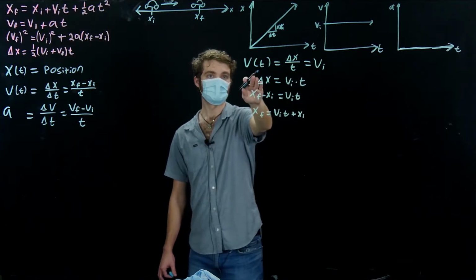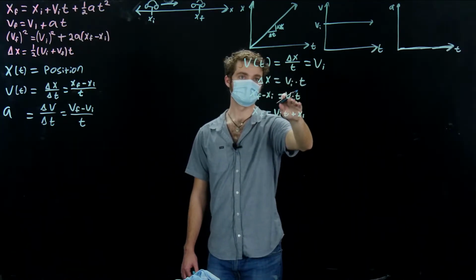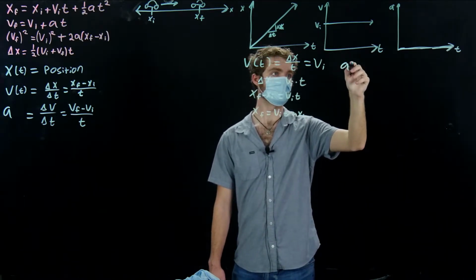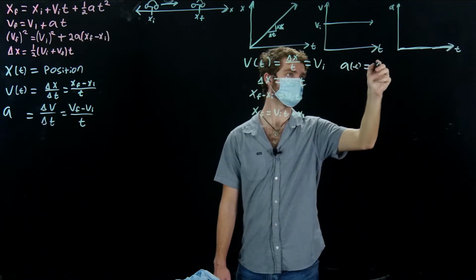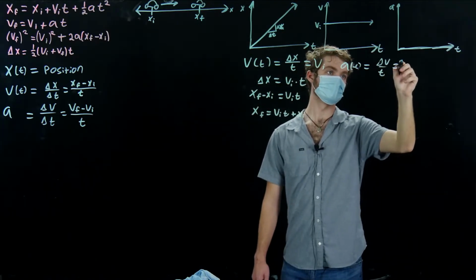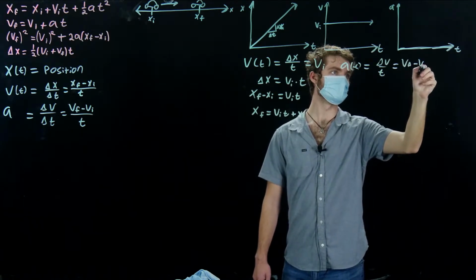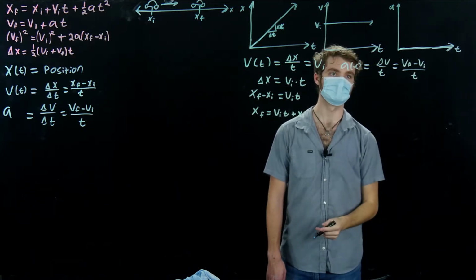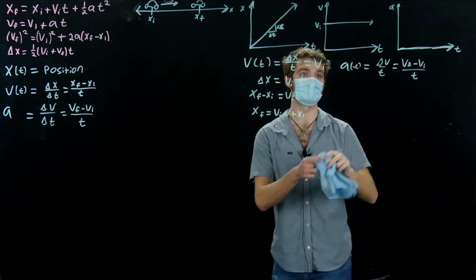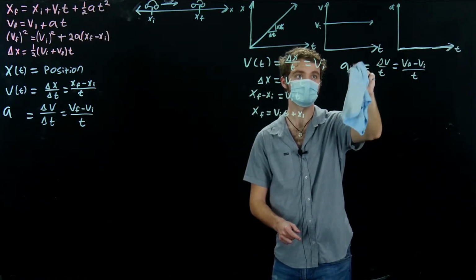In the same way we defined v of t for change in x for change in time, we can also define a of t equals change in velocity for change in time, which equals v final minus v initial over time. So if our car was accelerating at a constant rate, that means a of t would just be a.